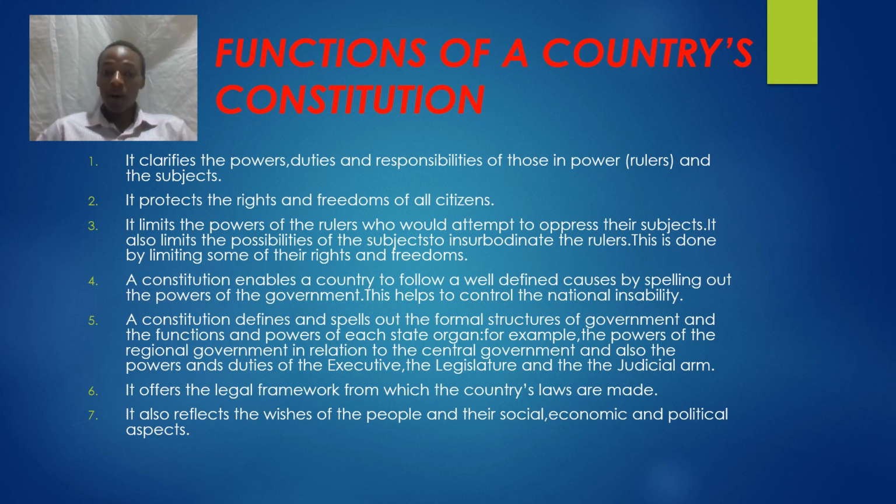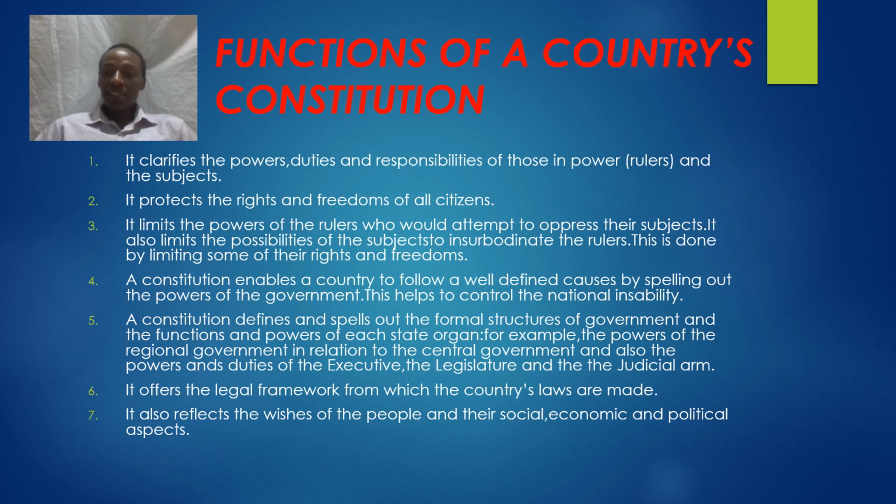For example, the powers of the regional governments in relation to the central government. But in our case, remember, we have the county government, that is the devolution, in relation to the national government. And also the powers and the duties of the executive, the legislature, and the judicial arm of the government. So the Constitution clearly defines the formal structures of these state organs.